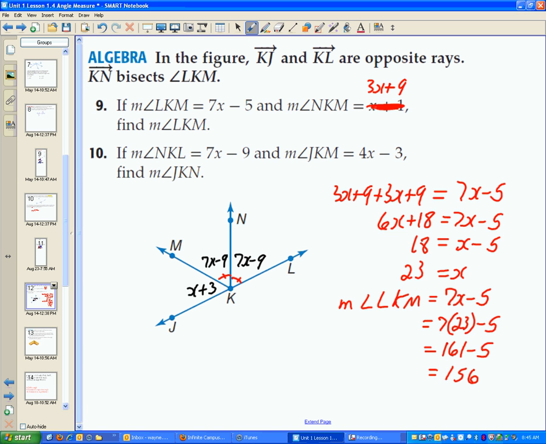Our definition that this book uses of an angle, if you remember, was two non-collinear rays with the same endpoint. Okay? So by this book's definition, there is not an angle JKL. However, several books do not include the word non-collinear and just say two rays with the same endpoint, in which case angle JKL does exist.